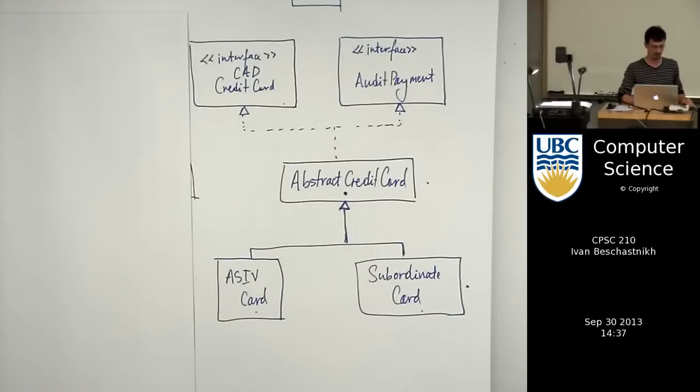So let's say I'm an ASIF card. I just have the constructor here because everything got pushed out to the abstract credit card. So if I wanted to add an implementation of authorize amount that's specific to the ASIF card, I would do it here.